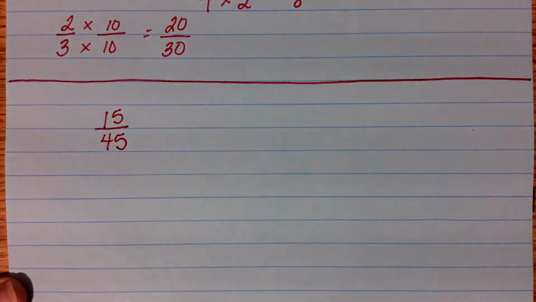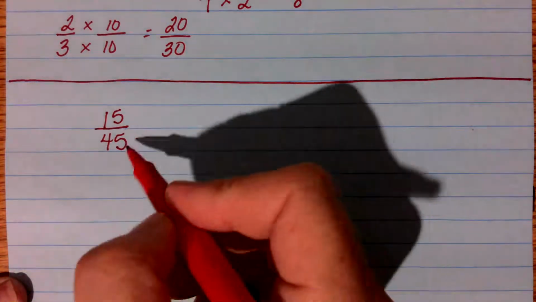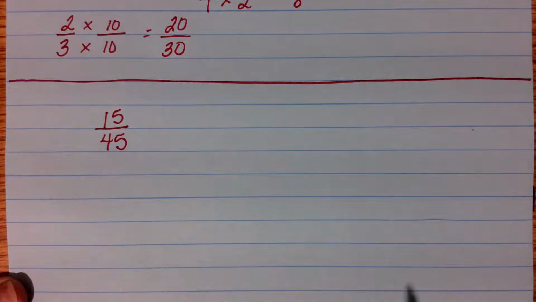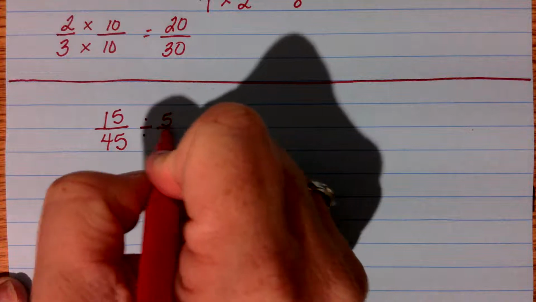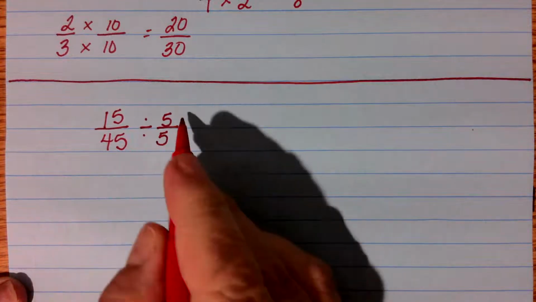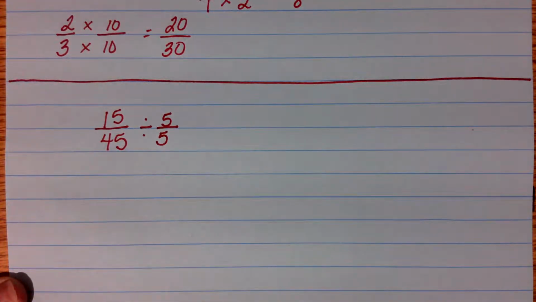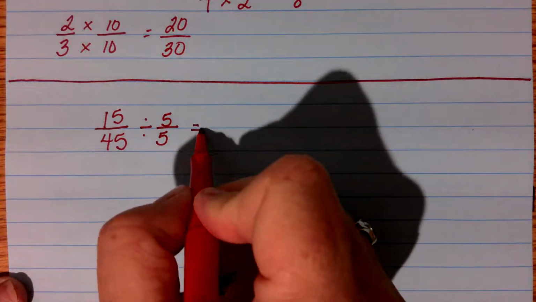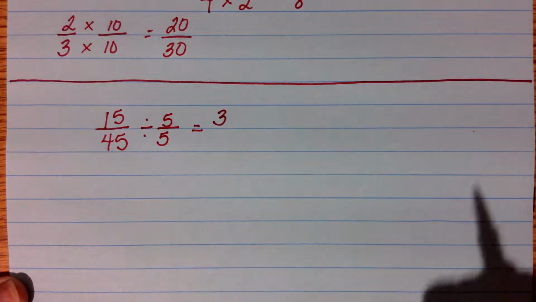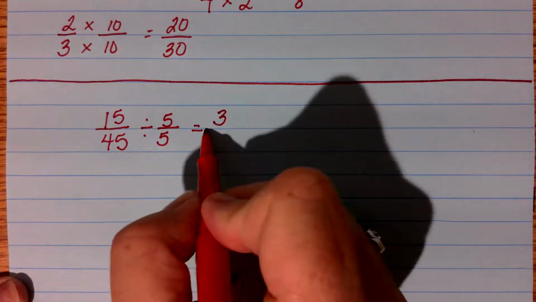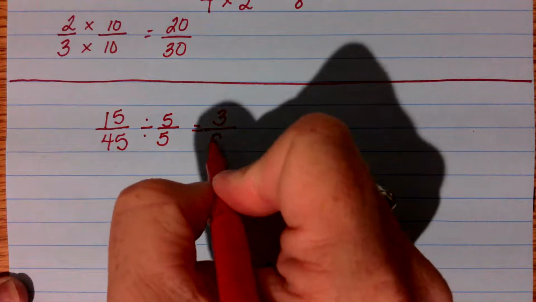If I know my rules of divisibility, I know that 15 and 45 can both be divided by 5. So if I divide by 5 on the top and divide by 5 on the bottom, 5/5 is the same as one whole. 15 divided by 5 is 3.